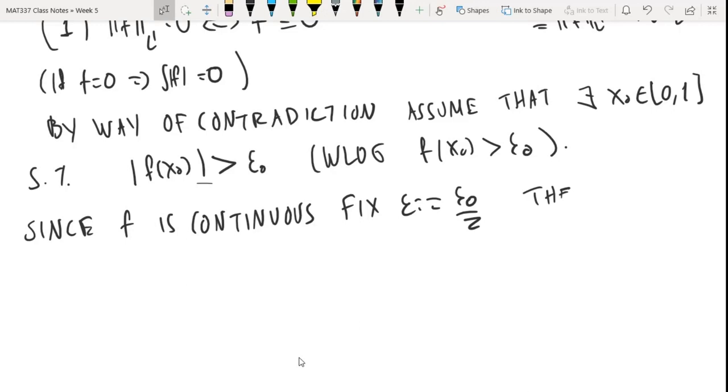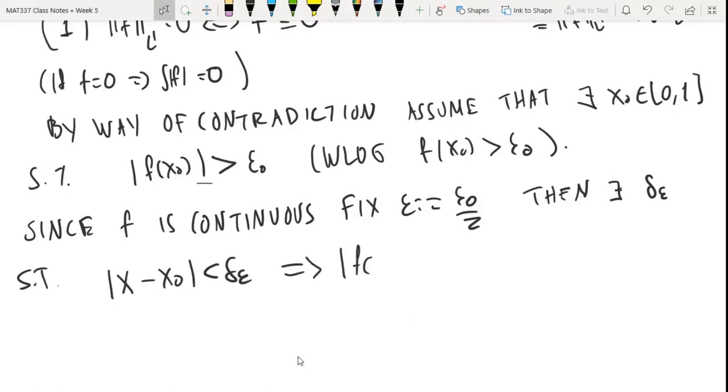Then there exists delta epsilon such that the absolute value of x minus x naught less than delta epsilon implies the absolute value of f of x minus f of x naught is less than epsilon, which is epsilon over 2.